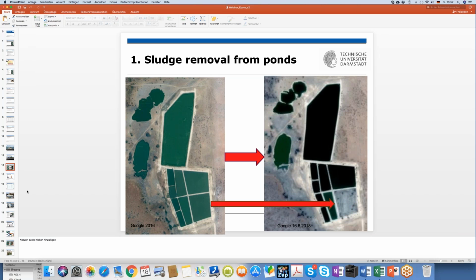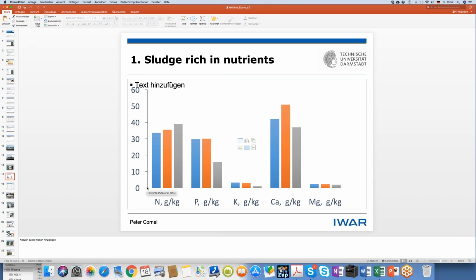And this is a Google picture, and you see that here the water has been removed and the sludge. If we look at the sludge, this is from 3 different sites, but we see that there's quite a bit of nitrogen, phosphorus, and calcium in the sludge, which gives a good fertilizer.